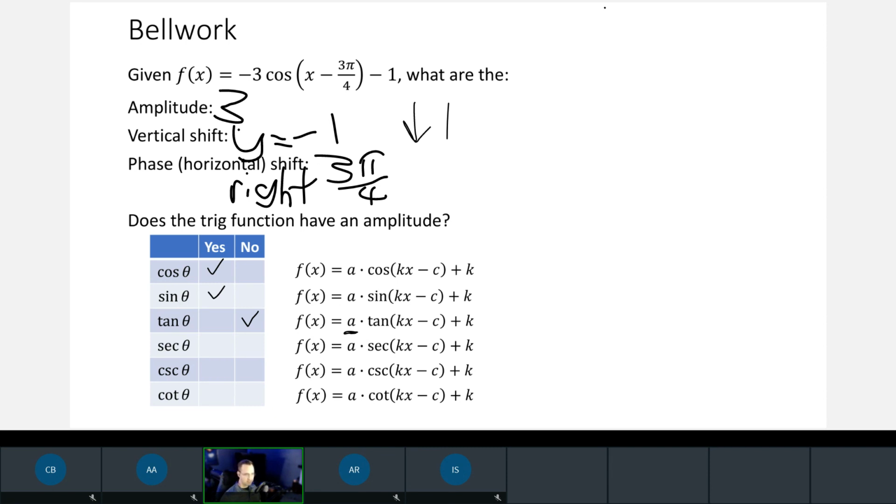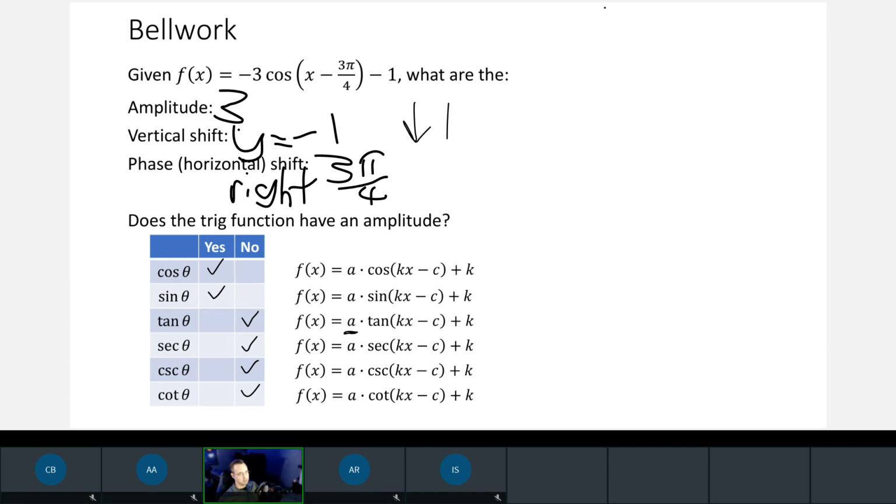Secant, does it have an amplitude? No, it does not actually. So in fact, all of these do not have an amplitude. I'm pretty sure I misspoke multiple times when I talked about amplitude. I said tangent and cotangent don't have amplitudes, which is true, but I probably said more than once that cosecant and secant have amplitudes, and they actually don't.